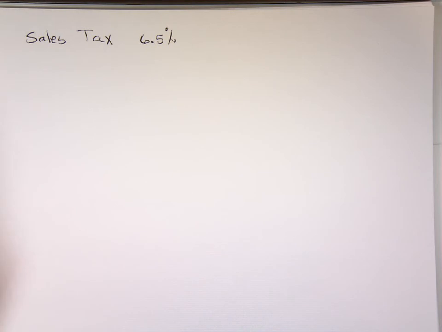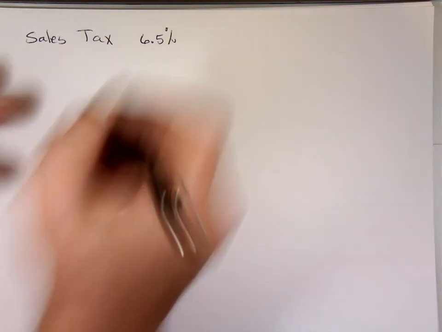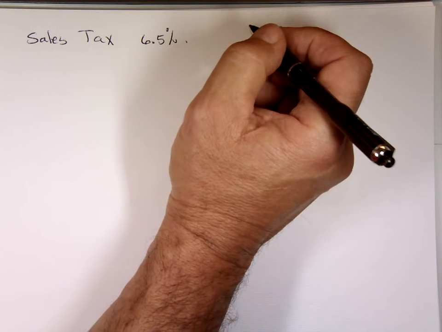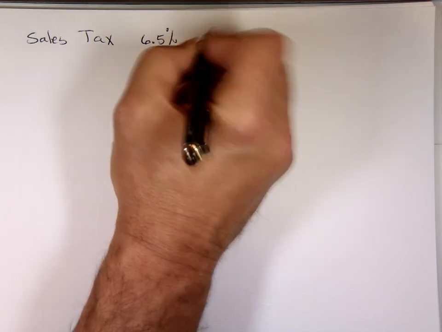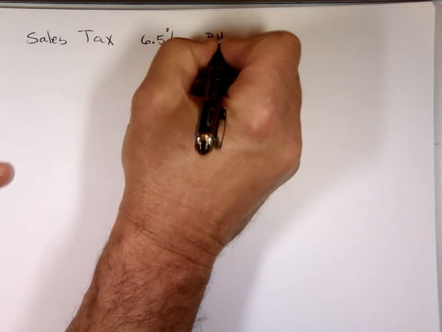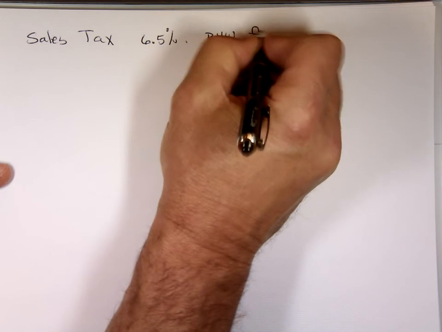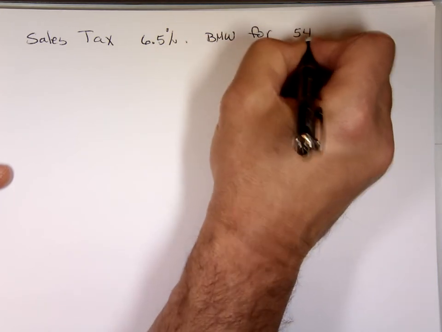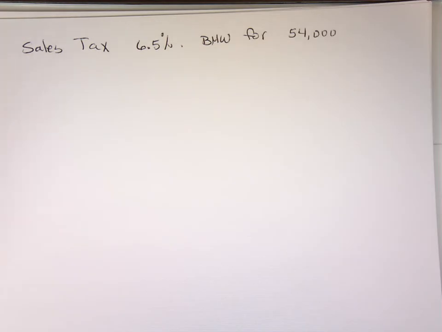So you purchase a car. You purchase a BMW. We'll give you a nice car. For how much did you buy it? 54,000. You're doing really well. You like the BMW.